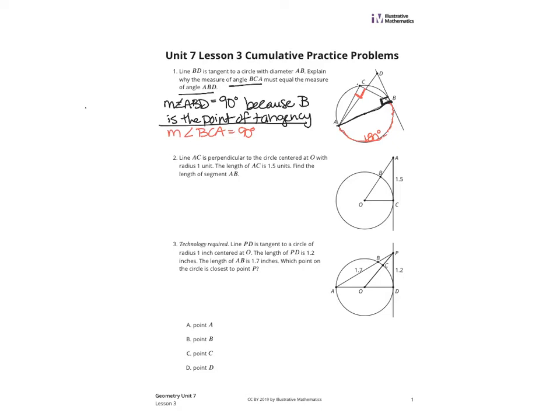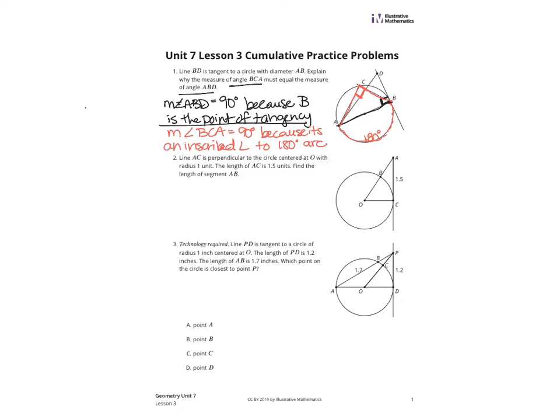And an inscribed angle is always equal to half of its arc. So since this angle has its endpoints on a diameter, I know that it's half of a 180 degree arc, or 90 degrees. So that's because it's an inscribed angle to a 180 degree arc.